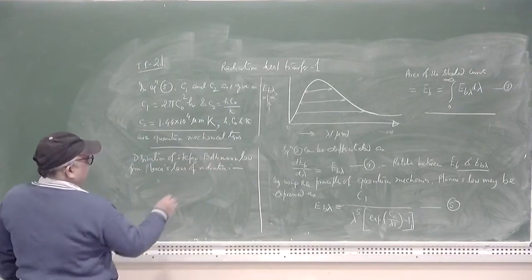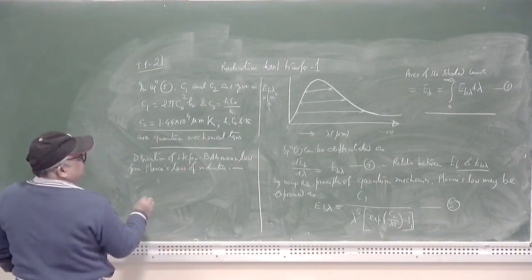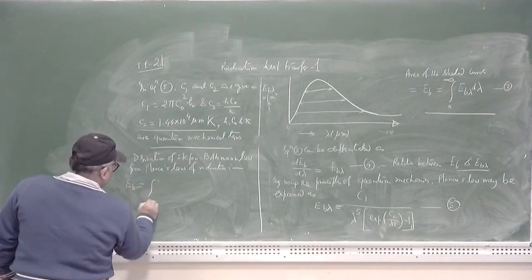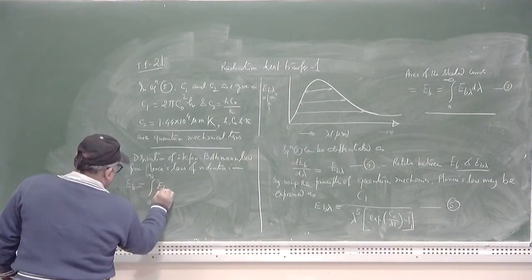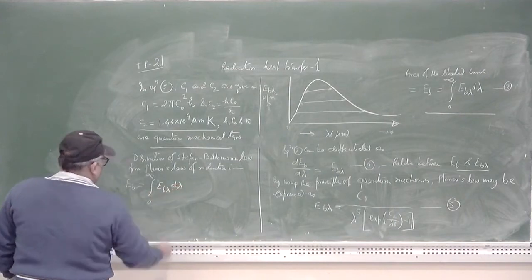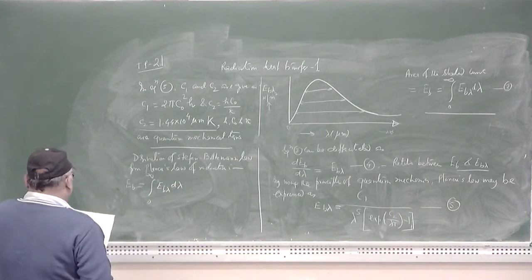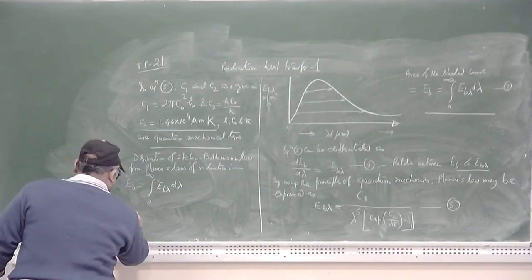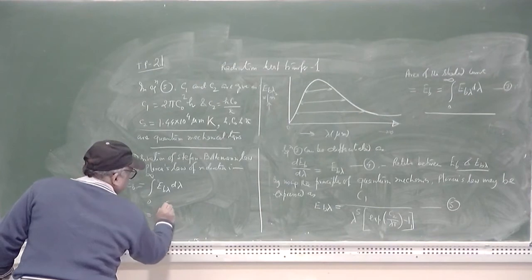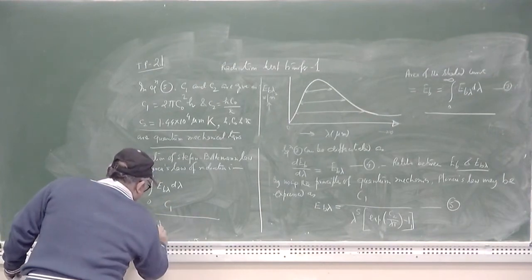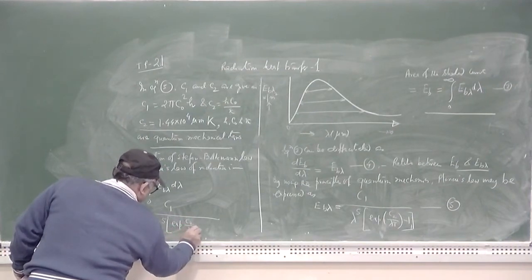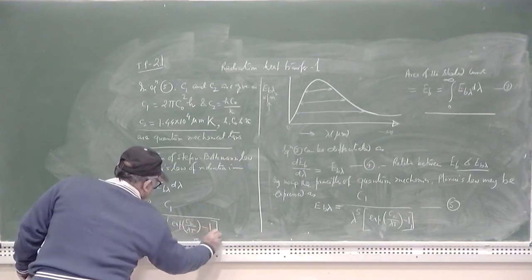The existing equation that is available with us, equation number 3, is E_b equal to integration 0 to infinity E_bλ dλ, and another equation that is available is E_bλ equal to C1 divided by λ raised to the power 5 exponential C2 by λT minus 1.